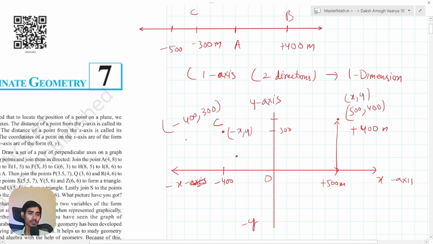Navin, is that okay? Yes, sir. Then tell me the coordinate of this point D. You can assume one box is 100 meters side length.